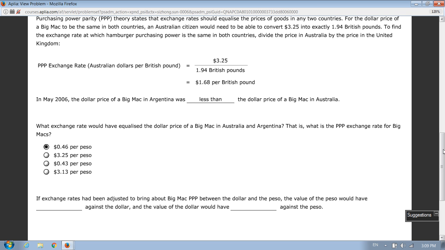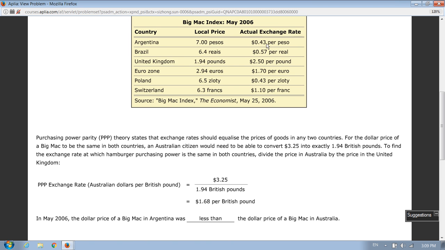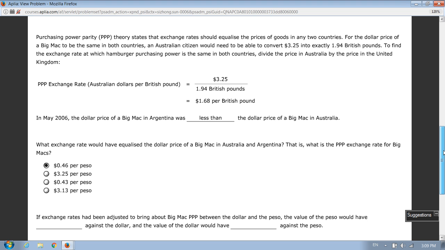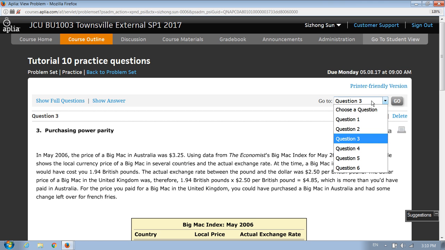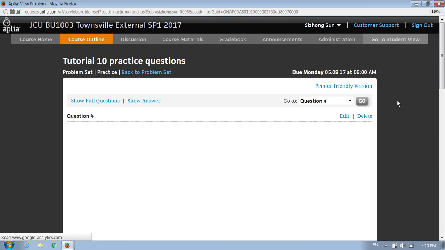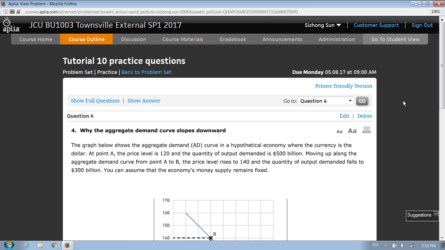If exchange rates had been adjusted to bring about Big Mac PPP between the dollar and the peso, the value of the peso would have... At the moment, the actual exchange rate is 0.43 per peso. The PPP exchange rate would say it is 0.46. So the peso needs to appreciate against the dollar, or this is the same as saying the Australian dollar needs to depreciate against the peso. Okay, that's question 3. Question 4.